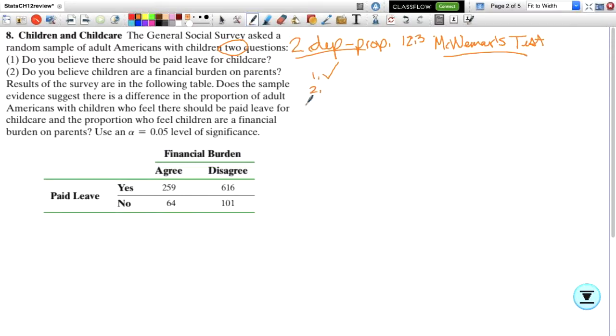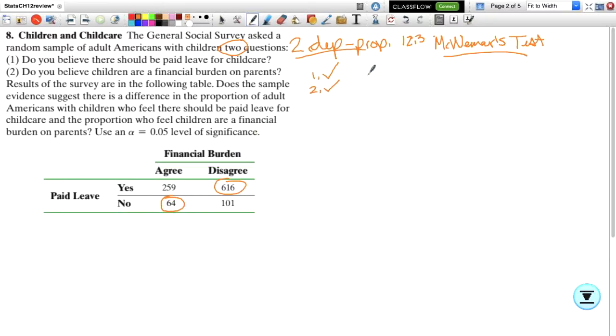The second thing we need to check is our non-matching, so our yes and no combination, disagree and agree, and this one is agree and disagree, okay? Are those 2 counts going to be greater than or equal to 10 if we add them up? Well, clearly if I add those, it's going to be over 600, and 600 is bigger than 10, so we're good to go. You need to do those 2 checks first.